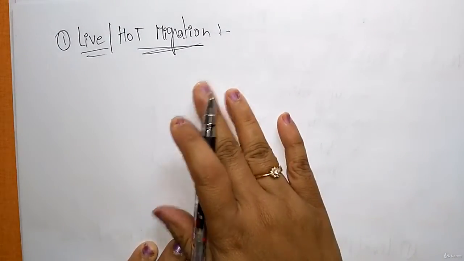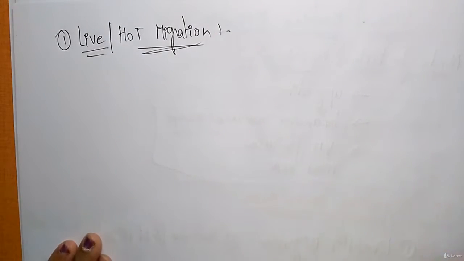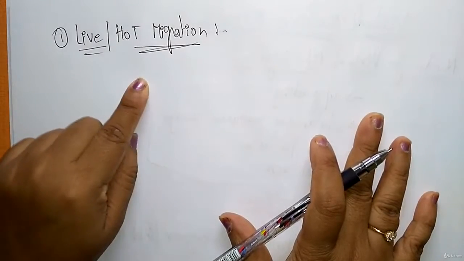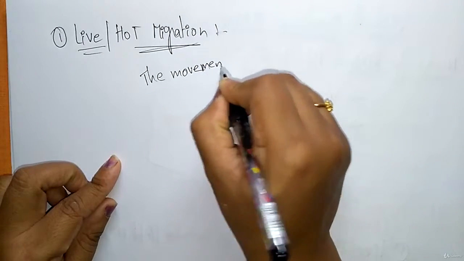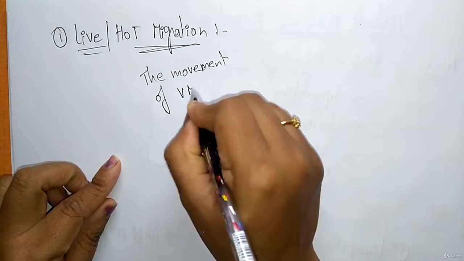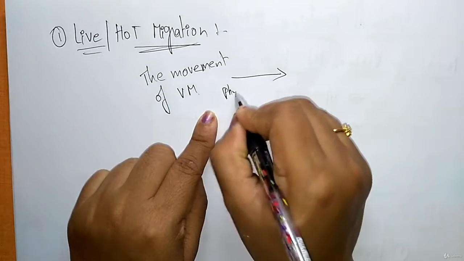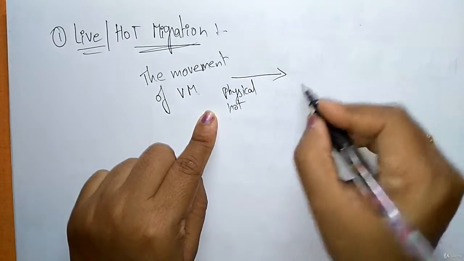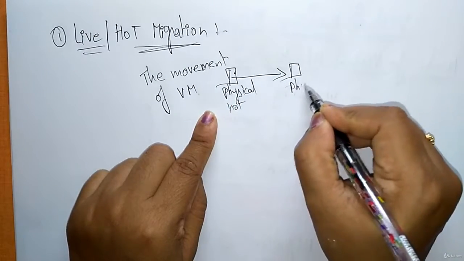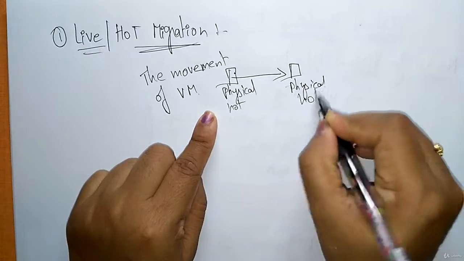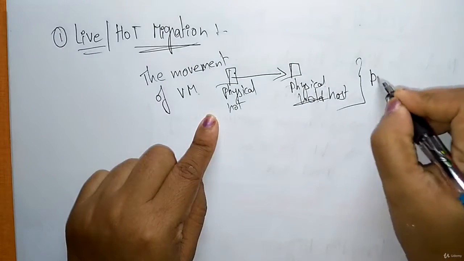The movement of a virtual machine from one physical host to another physical host while being powered on. So moving from one physical host to another physical host, that too in power on.